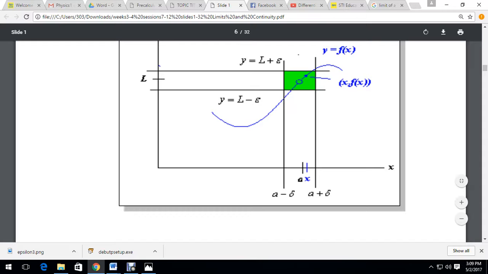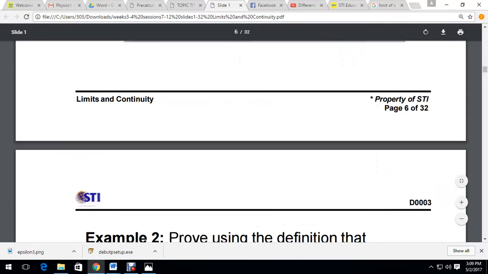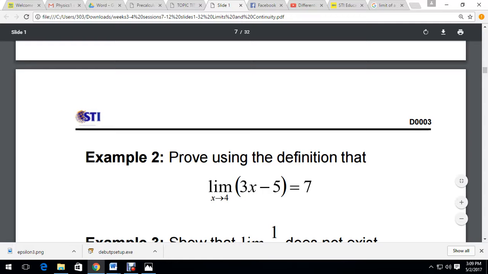So we could find, based on the definition, the value of L within the vicinity of L plus epsilon and L minus epsilon. And this epsilon neighborhood is given within this vicinity.